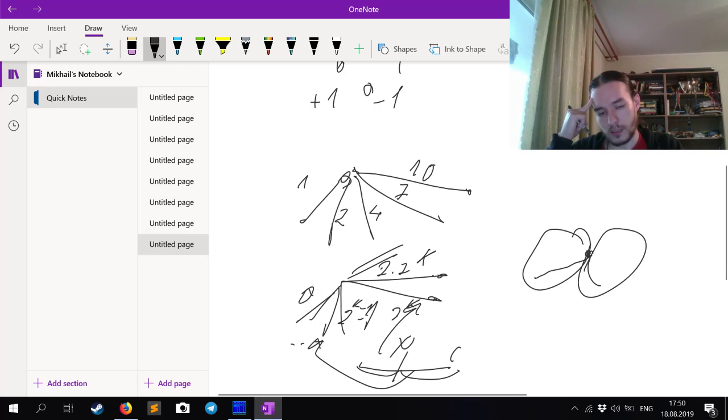Is it easy? It's probably easier, right? Because yeah, it's just a simple DFS, right? Yeah. The question is, how do we divide the tree? That's a good question.